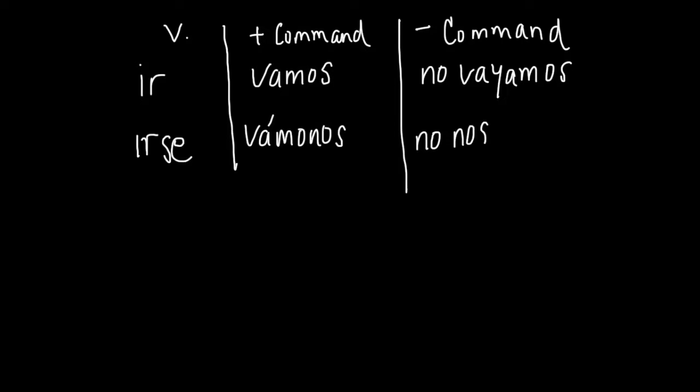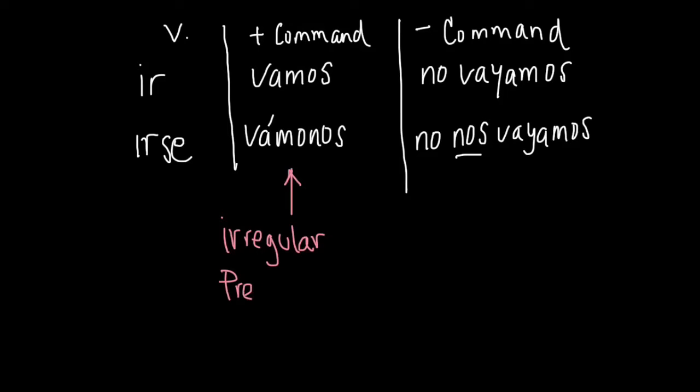Negative command, no nos vayamos. So the interesting thing about these two verbs is that the affirmative command takes the irregular form of the present indicative, in the nosotros form, but the negative command is considered regular in the present subjunctive.